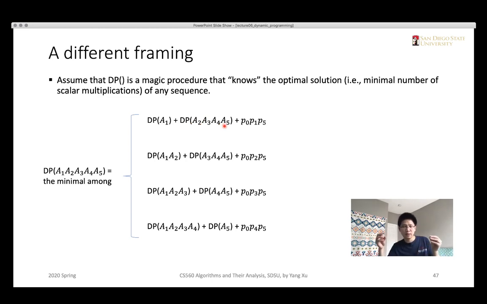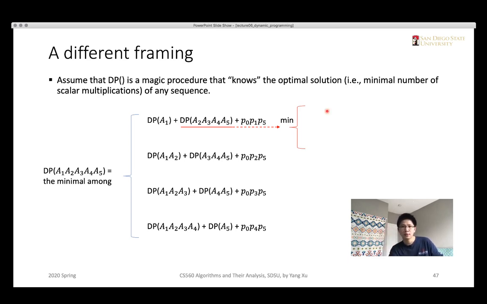Because this is a different problem, but of the same nature. We're just calling dp on a different sequence. So in order to solve this one particular subproblem, we also must choose the minimum among a bunch of solutions.